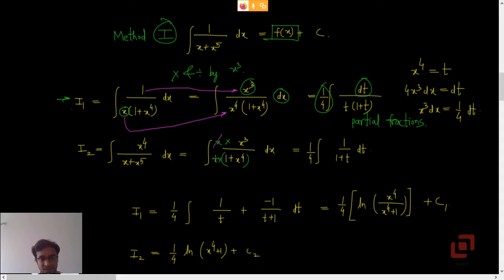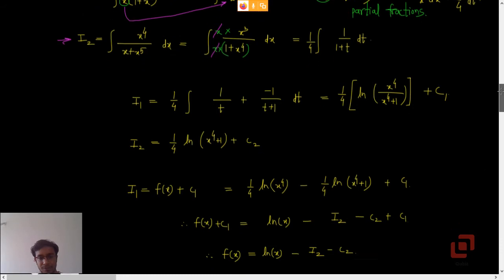Cancel x, and you will end up getting 1 upon 4 into the integral of 1 upon 1 plus t dt. So same substitution, x raised to 4 equal to t, for I2 as well.